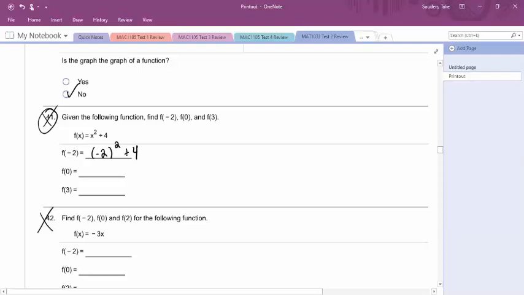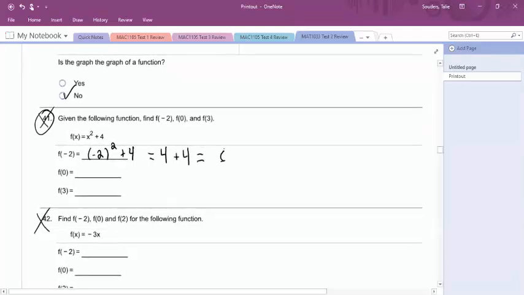So you're doing -2 times -2, which is a double negative, so it actually becomes +4. And then 4 plus 4? 8. So your answer there would be 8.